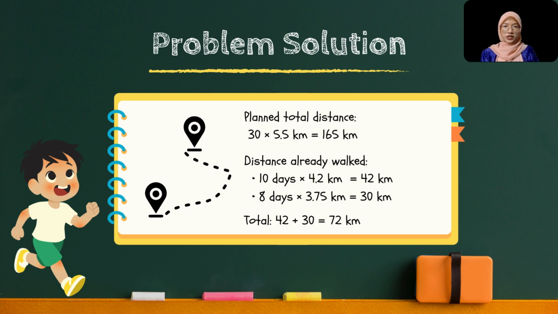So total distance walked so far, we add 42 and 30, and we get 72 kilometers. And that means after 18 days, Amir has only completed 72 kilometers, which is less than half of his target. This helps us understand that his progress is slower than expected.